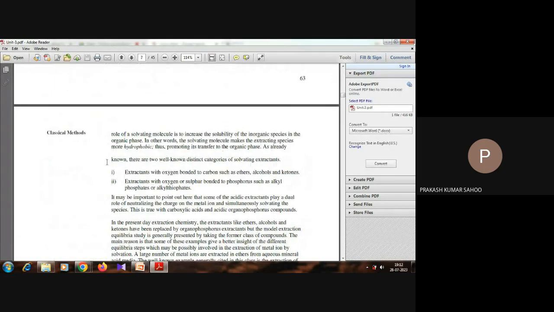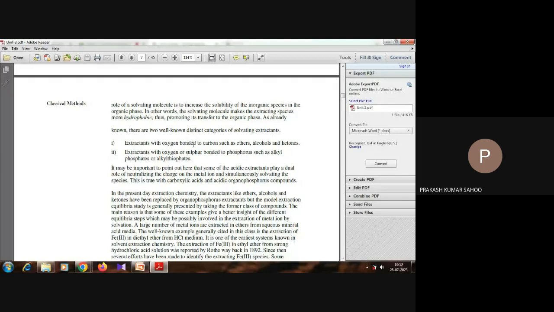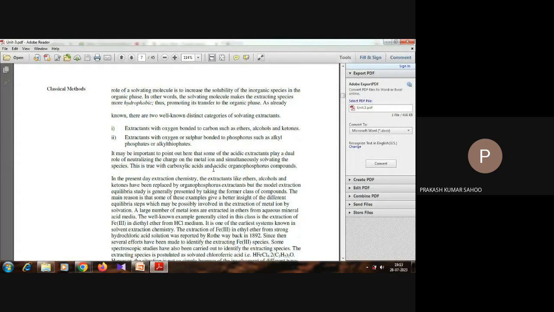And extraction by solvation. This is extractants with oxygen bonded to carbon, such as ether, alcohol and ketone. Extractants with oxygen or sulfur bonded to phosphorus, such as alkyl phosphates or alkyl thiophosphates.